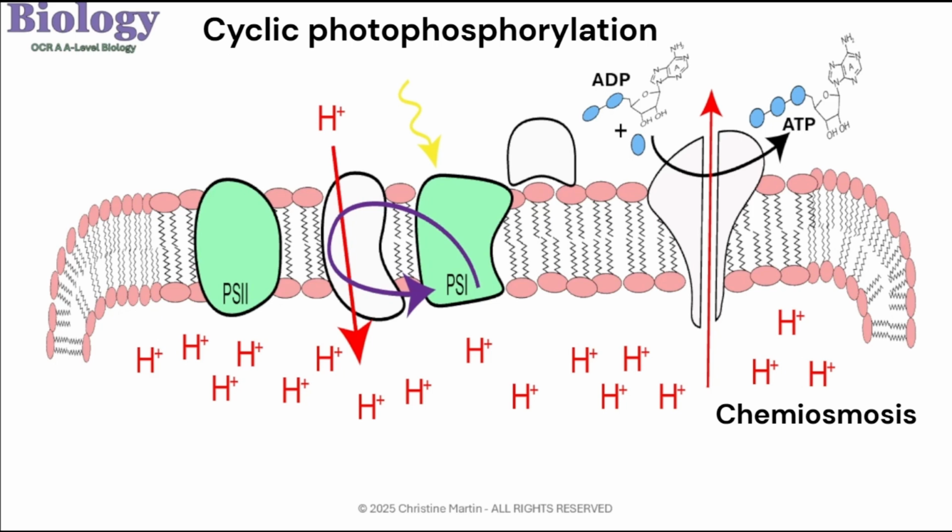That is chemiosmosis. So once the light-dependent reaction has occurred, we can either end up with ATP molecules, or if it's non-cyclic photophosphorylation, ATP and reduced NADP.